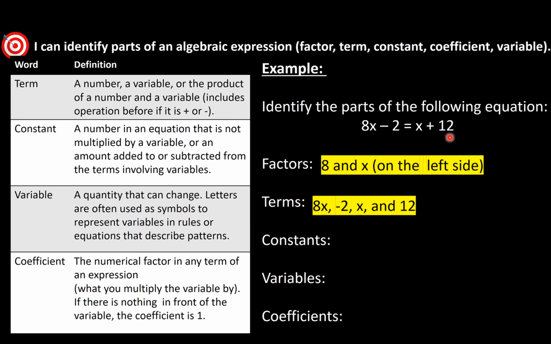So this is going to be positive 12, which we can just write as 12. There are 2 constants here. There is a -2. Remember, we're going to keep that sign with it. And there's a positive 12. There's only one variable in this case, which is x. And the coefficients of that x are 8. And then over here, there's that invisible 1.